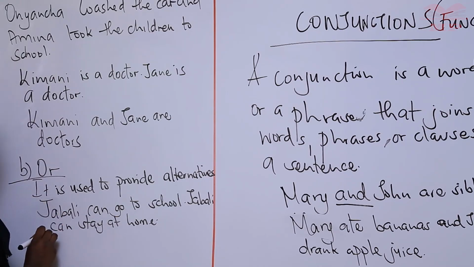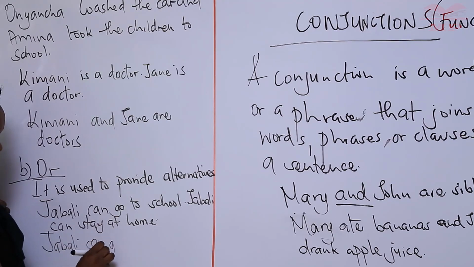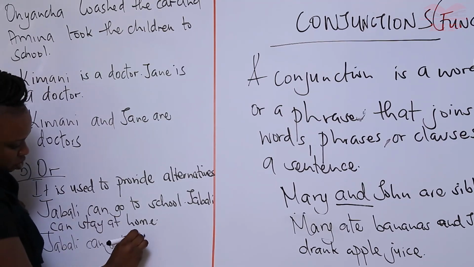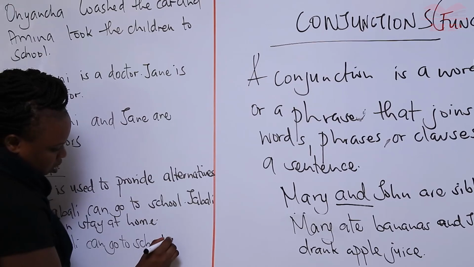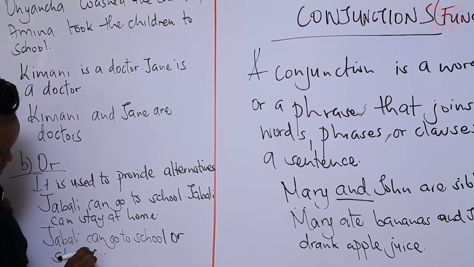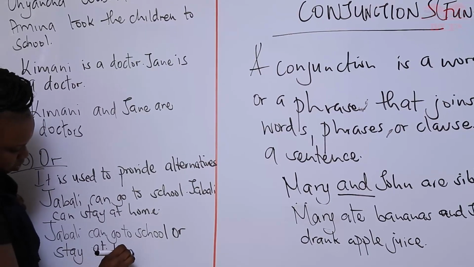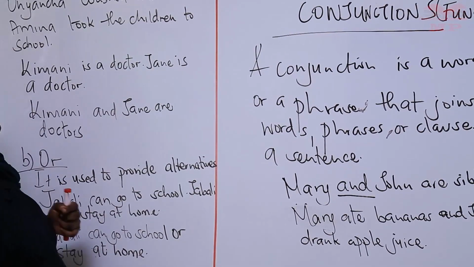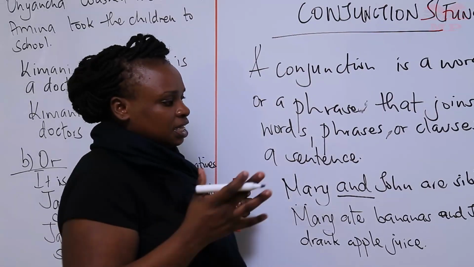So you can say Jabali can go to school or stay at home. One thing conjunctions do, not just they link stuff, but they link two sentences.